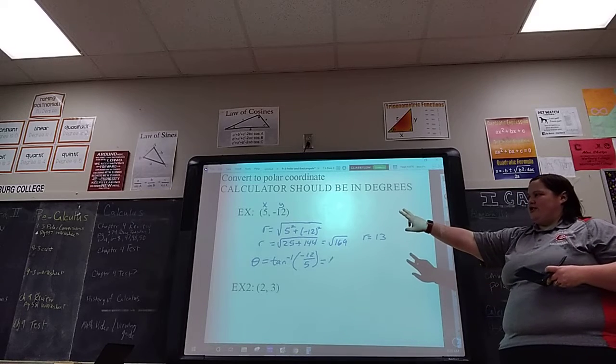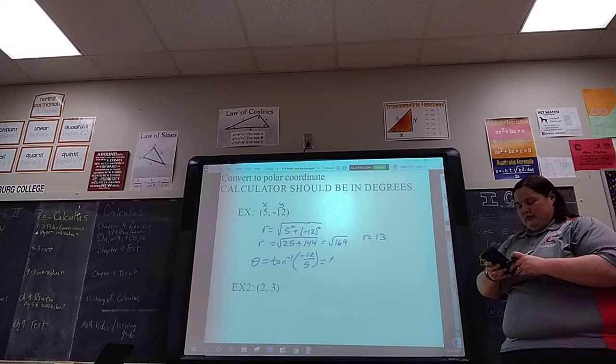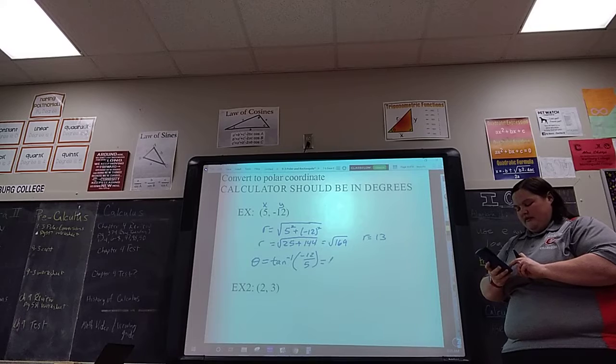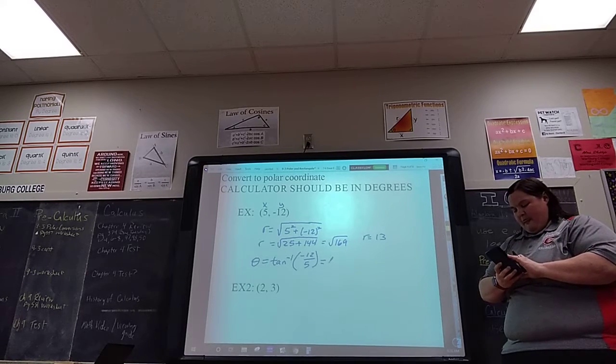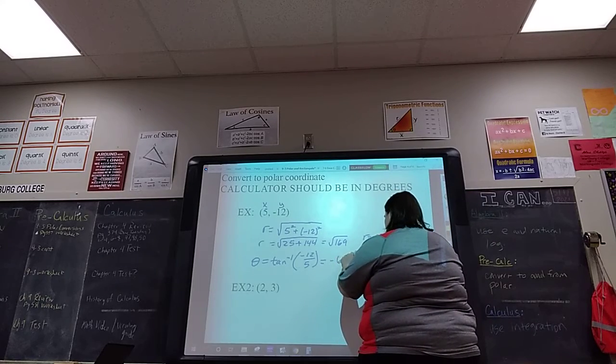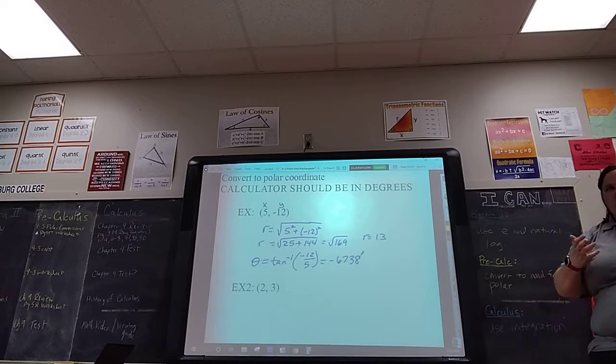So again, if one of those original two numbers is negative, that's when you have to do our little bit extra. So since one of them is negative, I know I'm going to have to do that right away. I'll go ahead and do tangent inverse of negative 12 divided by 5. Okay, I got negative 67.38.